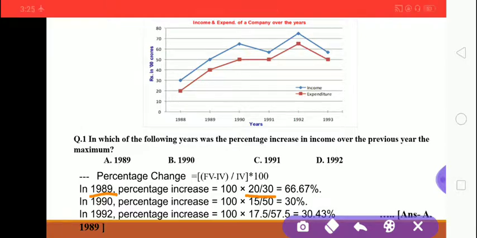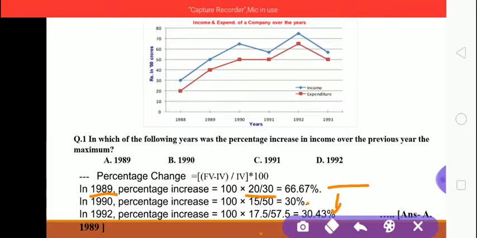In that ratio, if the numerator is maximum and the denominator is minimum, then the percentage will be maximum. In the second ratio, observe that 15 upon 50, the numerator is minimum and the denominator is maximum. That's why this ratio will be less.